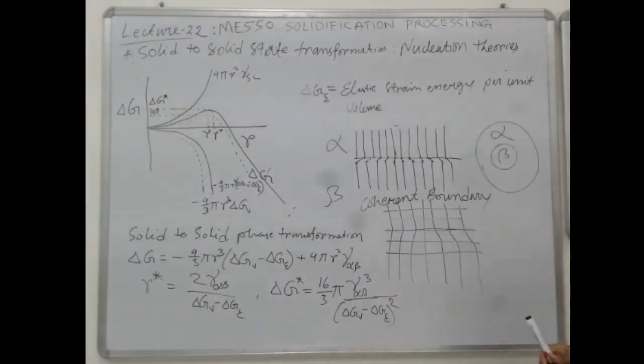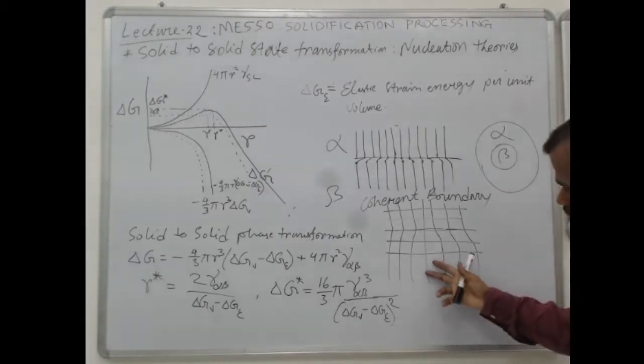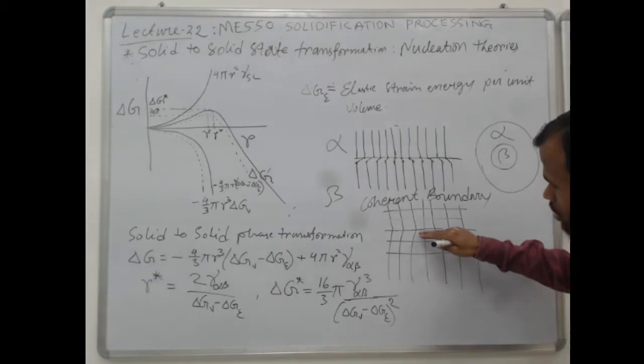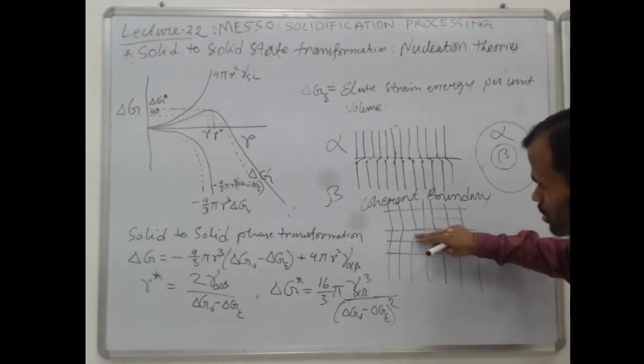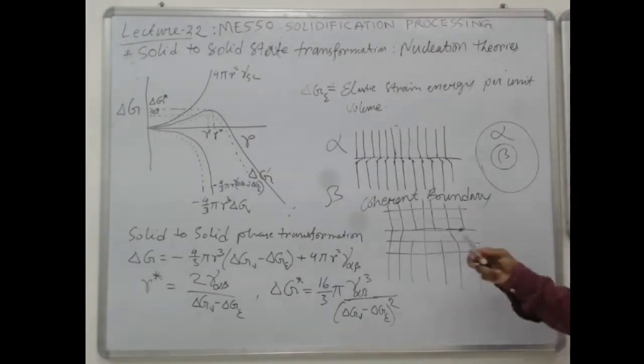But suppose during nucleation of the beta phase the volume change is too high, what will happen? Along these boundaries there will be some slip, some shear deformation, and some of these boundaries will be broken, and then it will be called semi-coherent.